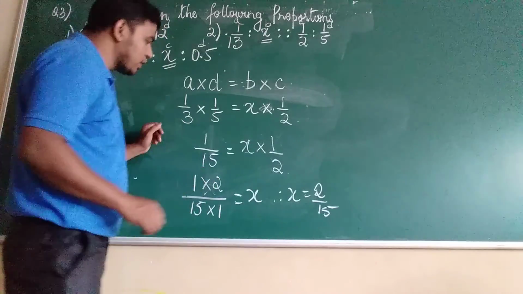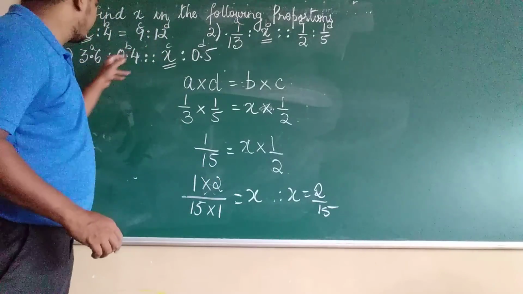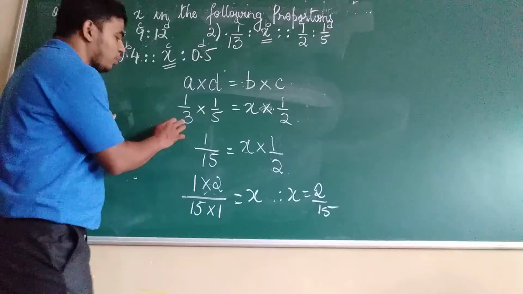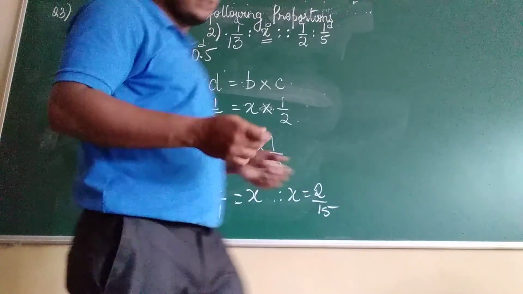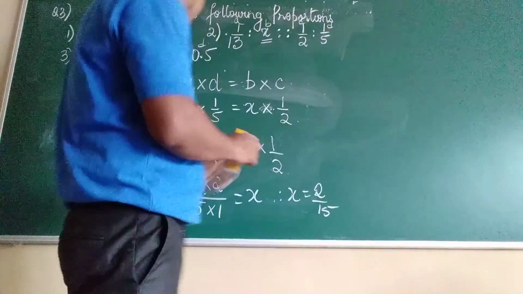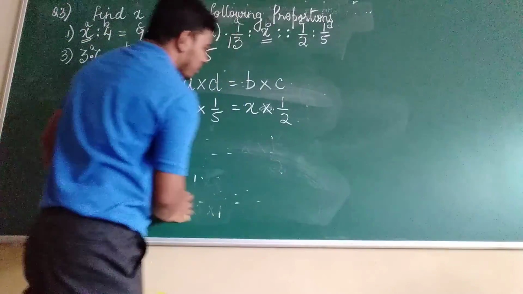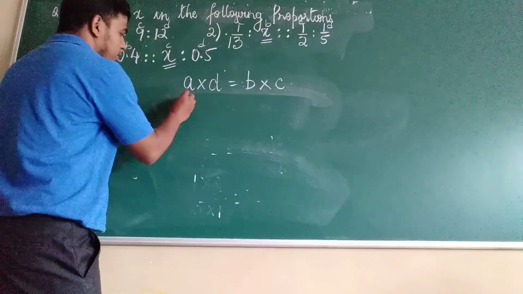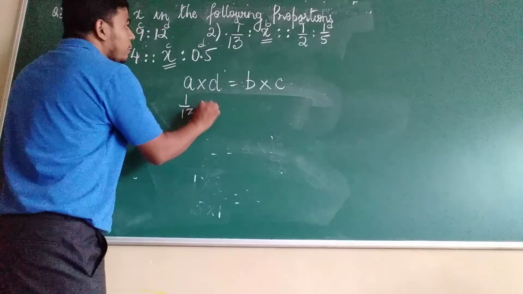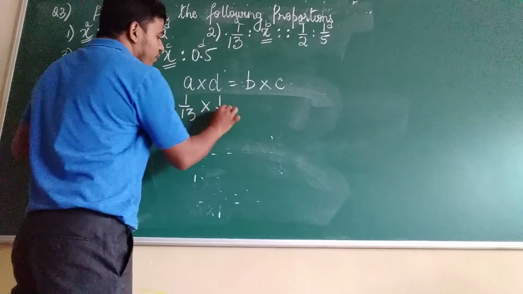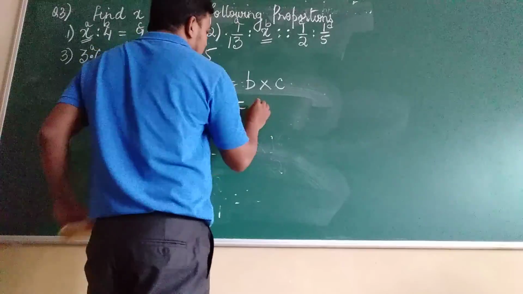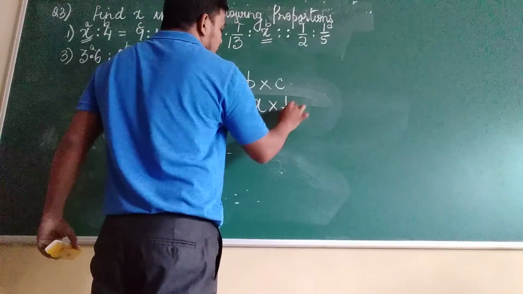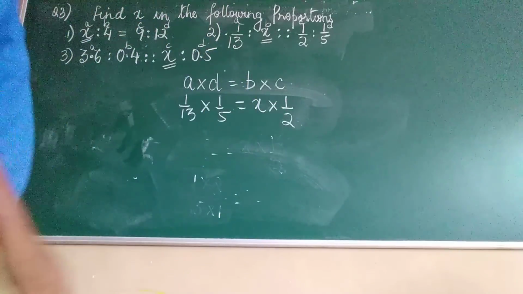Sorry, there was a small mistake which I did here. Instead of taking 1 by 13, I took it as 1 by 3. So let's resolve it by taking it as 1 by 13. So 1 by 13 into 1 by 5 will be equal to x multiplied by half.